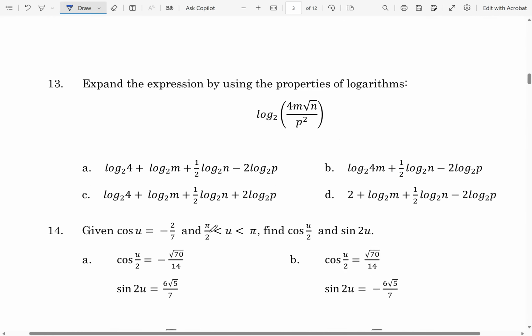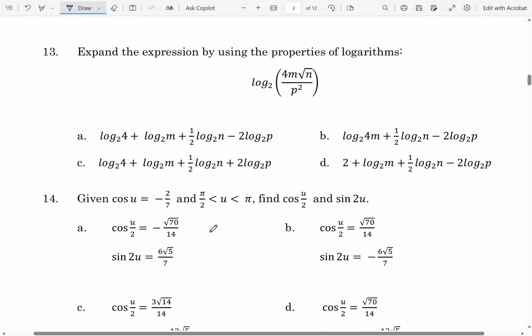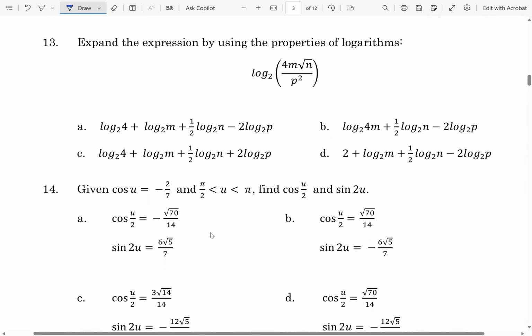The next question here, expand the expression by using the properties of logarithm. If you remember, log A over B is log A minus log B. So you can apply log 4 root n minus log p squared. Of course, the base is the same. And the log of a product is simply log the first plus log the second plus log the third and so on. So I have log 4 plus log m plus log root n.